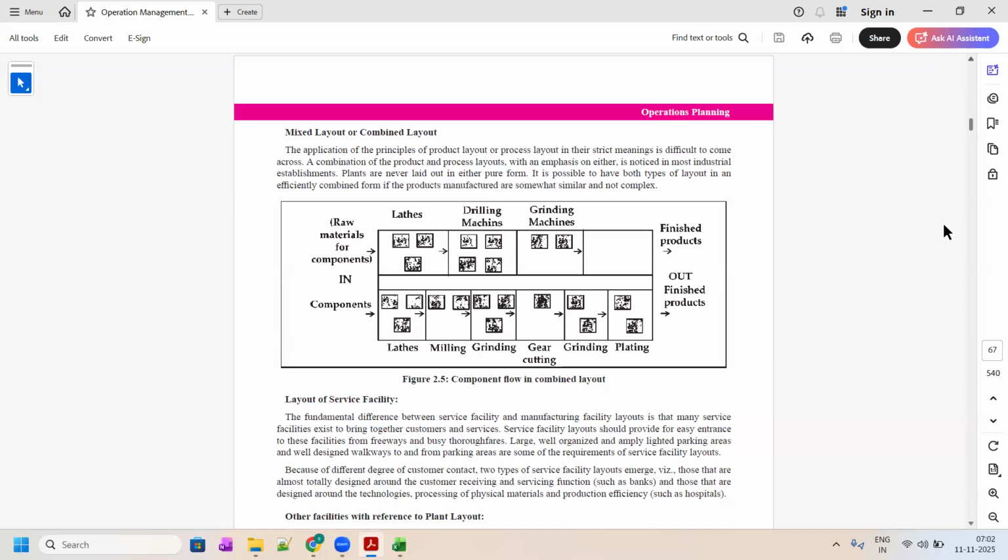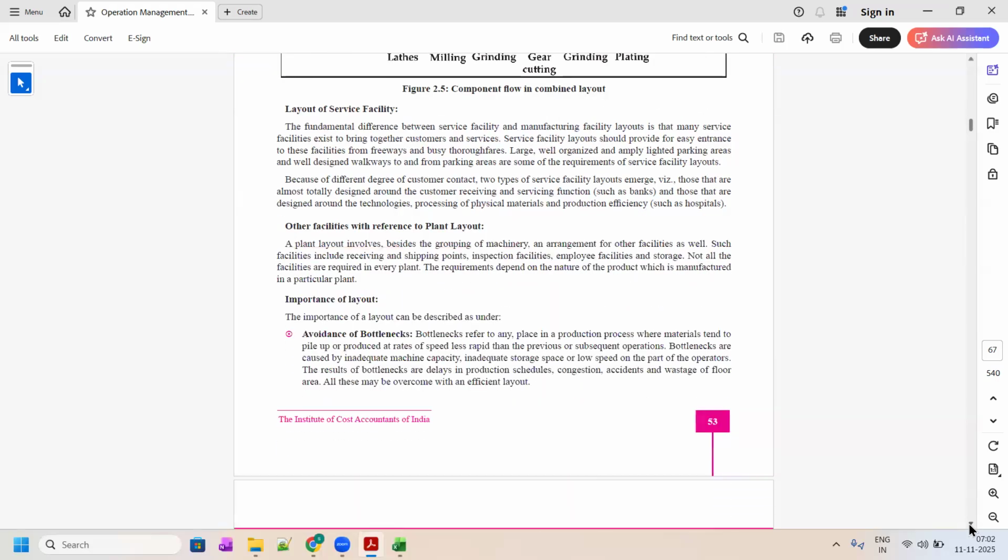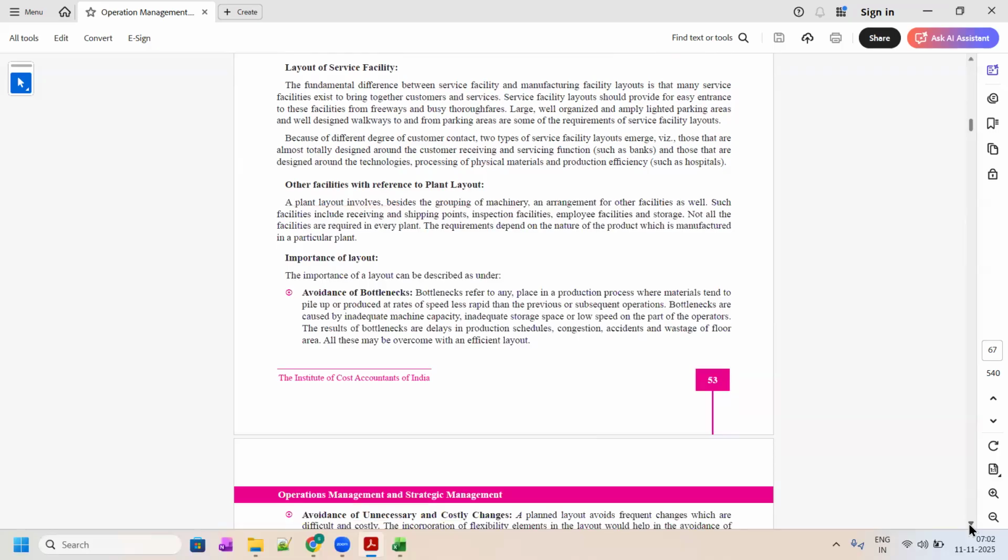So basically, we have spoken about these different types of layout. I hope you all have understood them. In the case of process layout, we bring similar machines together. In the case of product layout, machines are arranged in the production sequence.